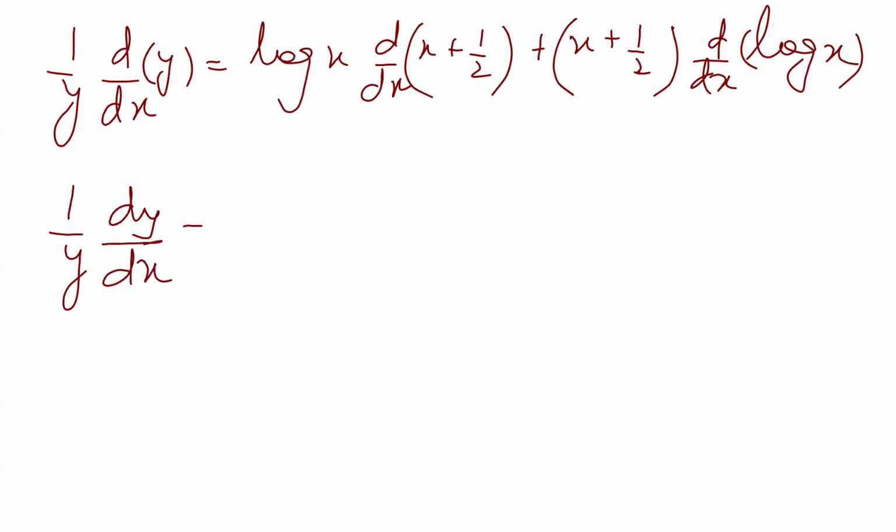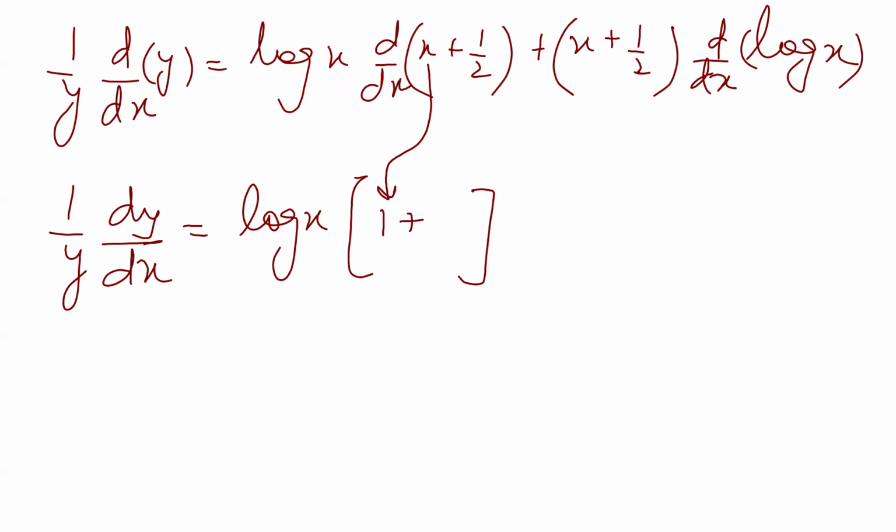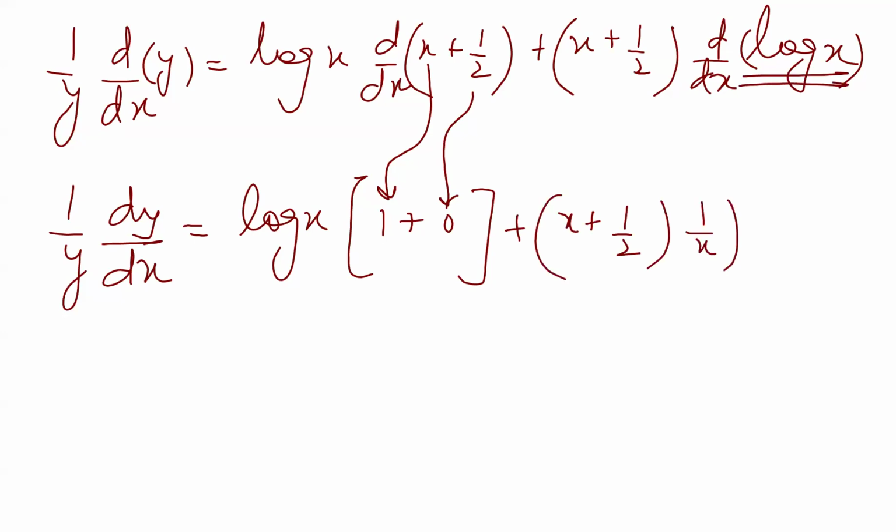So 1 upon y dy by dx equal to log x, x derivative is 1, half derivative is 0, plus x plus half, derivative of log x is 1 upon x.